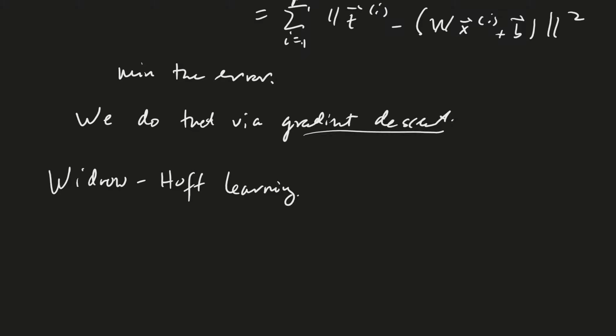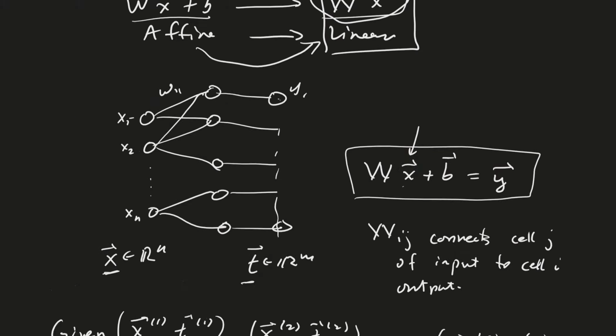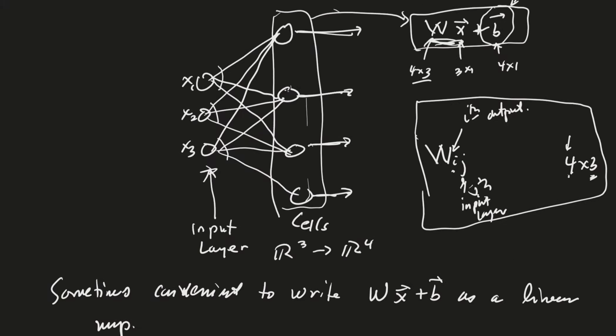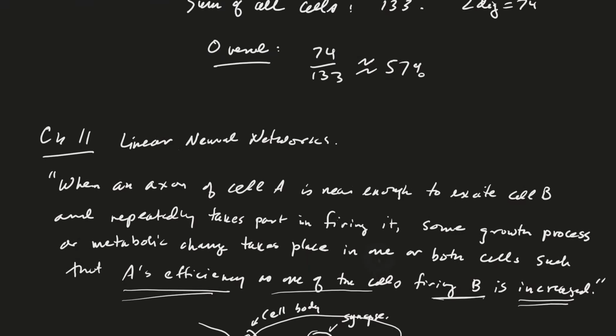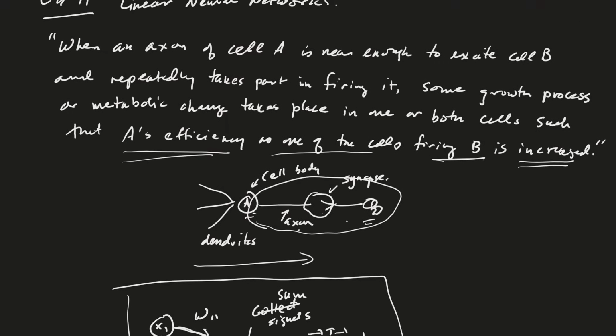And remember, the biology that we're trying to mimic is Hebb's rule, which says when an axon of cell A is near enough to excite cell B and repeatedly takes part in firing it, some growth process or metabolic change takes place in one or both cells such that A's efficiency as one of the cells firing B is increased. So let's see if we can do that.